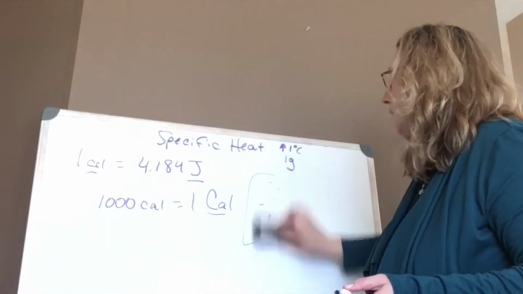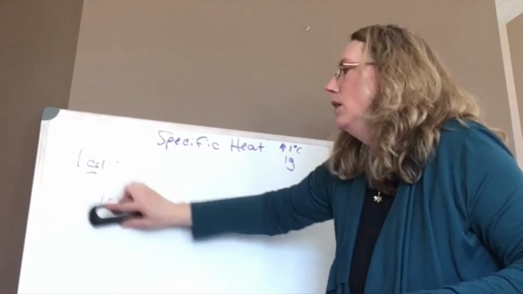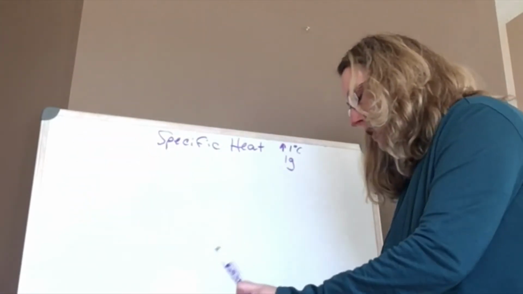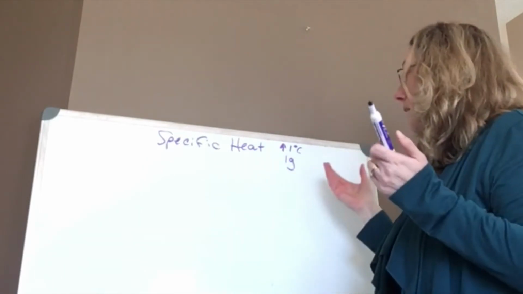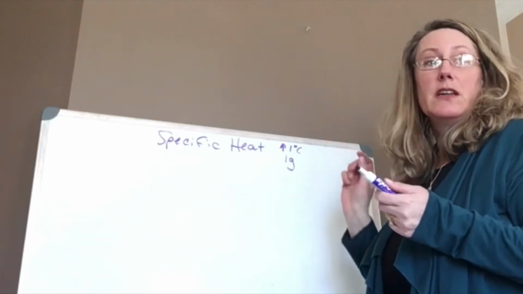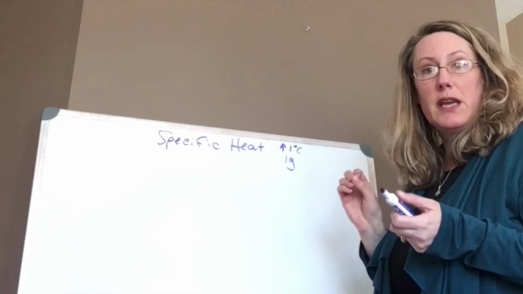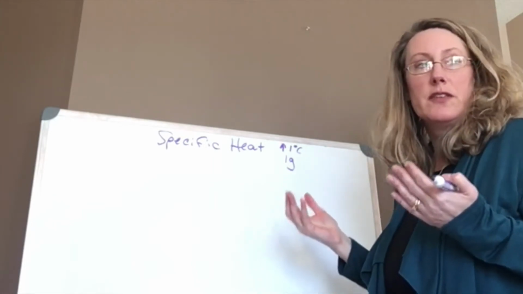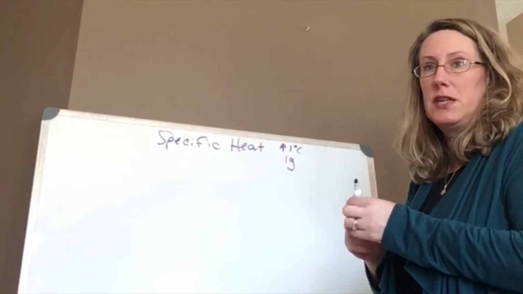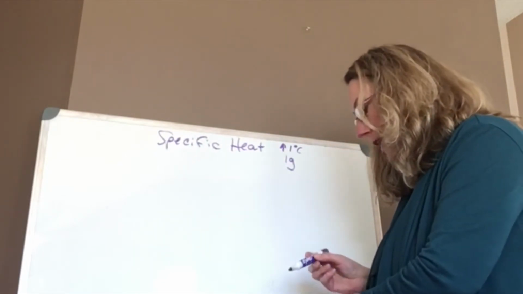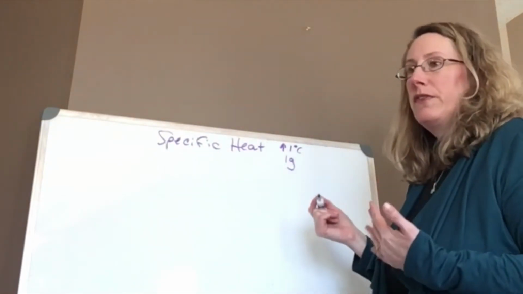Okay, so if the specific heat is joules per gram degree C, you're going to know that all of your temperatures that you're taking are going to be in Celsius, right? Because you need that to cancel out. Okay, so how do we figure that out?